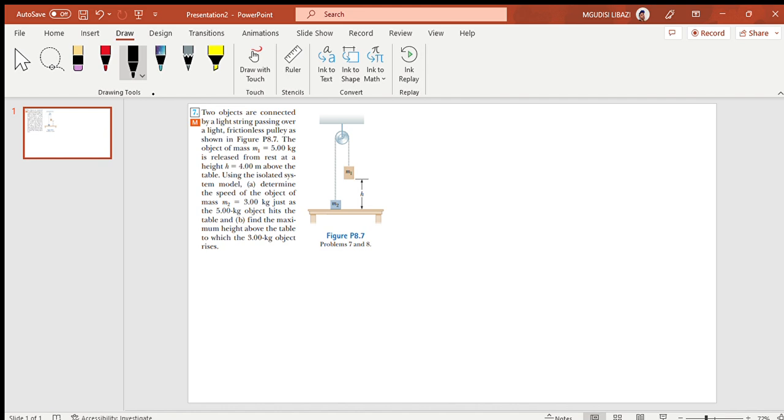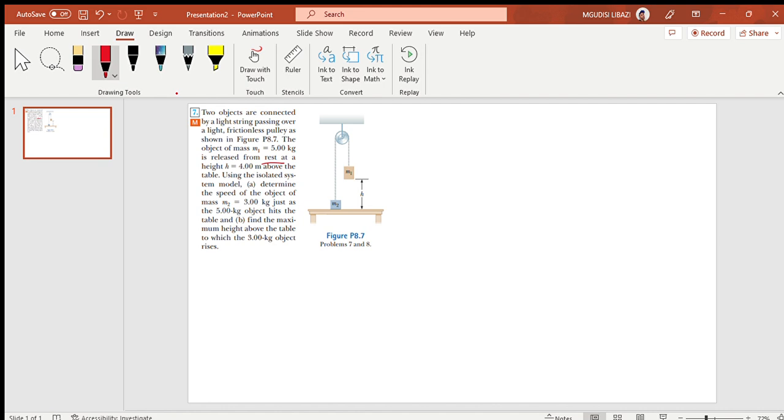The question says two objects are connected by a light string passing over a light frictionless pulley, as shown in the figure. The object of mass m1 equal to 5 kilograms is released from rest, note from rest, at a height h of 4 meters above the table.